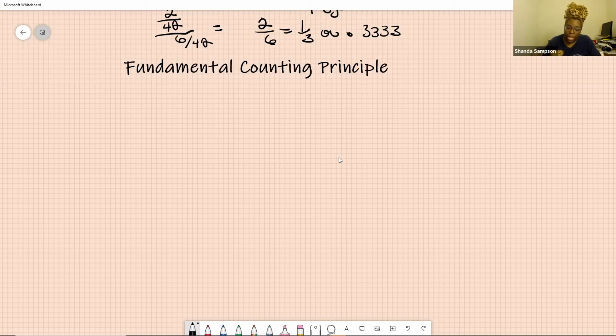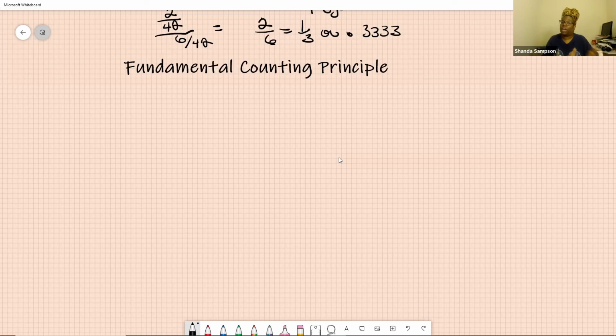So once we got to the multiple trials, we said, okay, now we can do that. But on top of that, we also know from back when we were learning how important it is to count our outcomes. In order to count our outcomes in multiplication, we have to do something else. Remember, in addition, we counted our outcomes by making a tree diagram. In multiplication, the tree diagrams would be impossible and take too long.